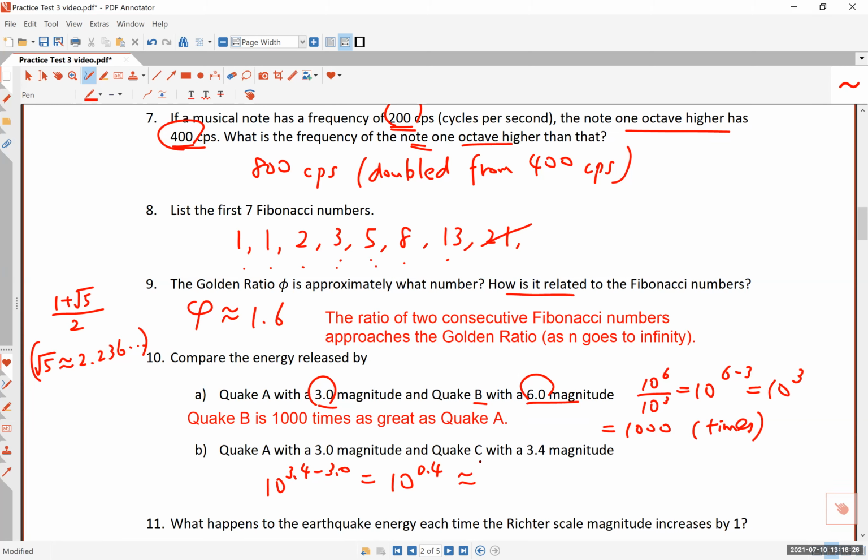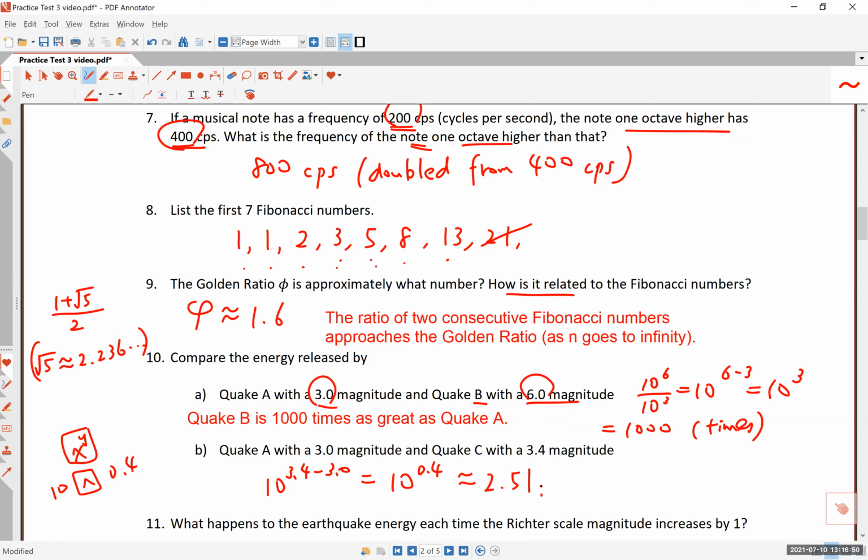This is something you have to do on your calculator. You do 10 and then caret or x to the y, and then put 0.4. You know it's going to be less than 10 because 10 to the first is 10. 10 to the 0th is 1, so 10 to the 0.4 is somewhere between 1 and 10, and according to your calculator, you will get 2.51.